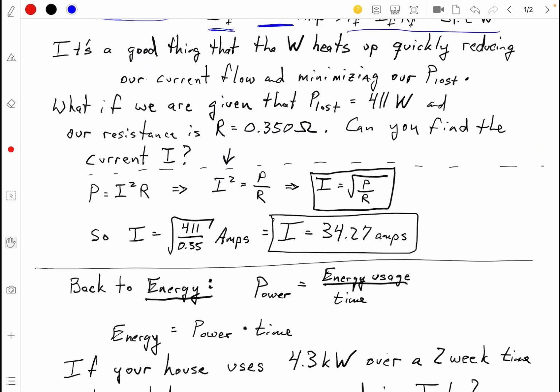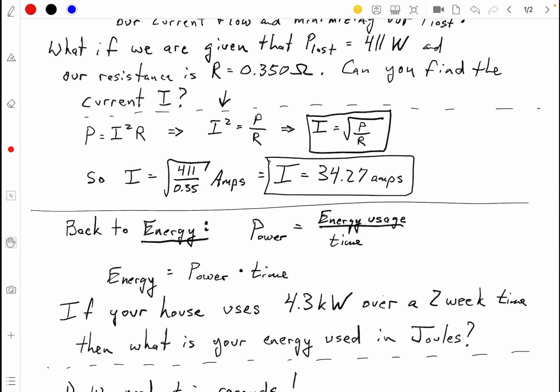So our power is equal to I squared R, and then that means that I squared is equal to our power over R, and then we can solve that for our current, and we'll take our R at the cold temperature. So our power is 411. We're going to divide by our resistance. We're going to take the square root, and that gives us the same large amps that we had earlier.